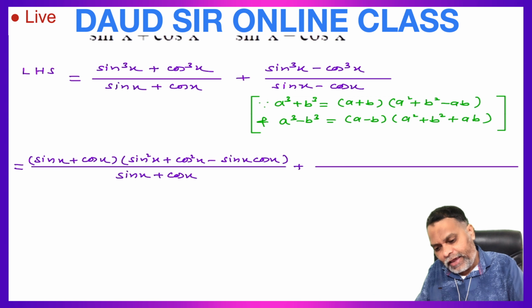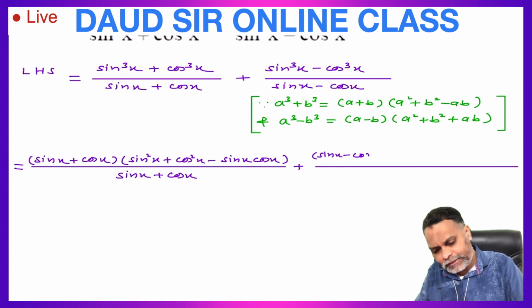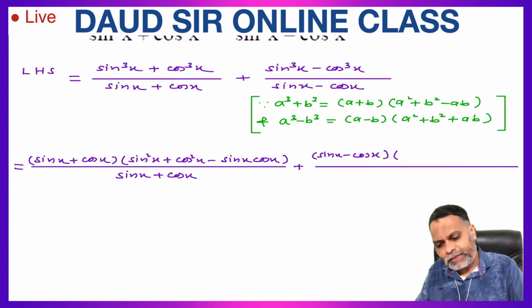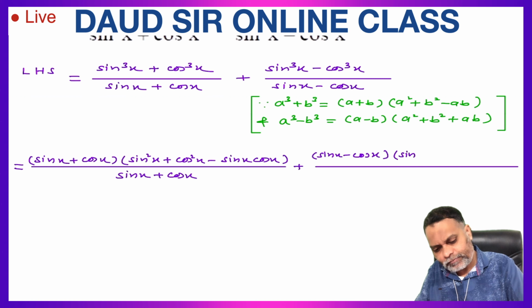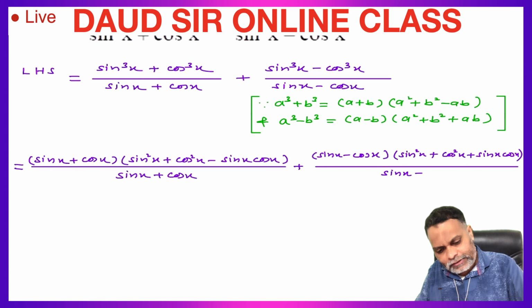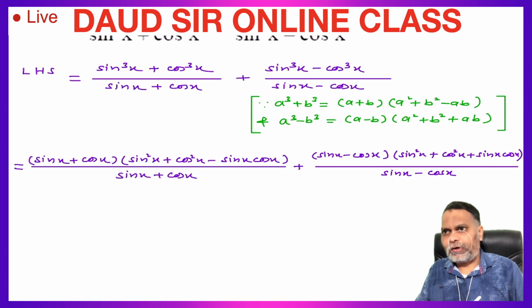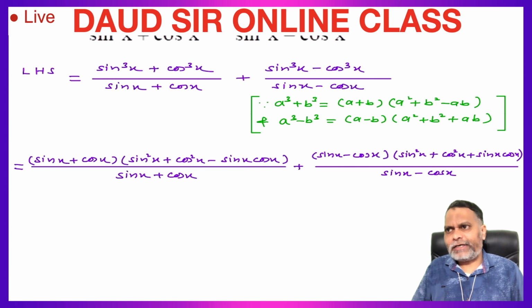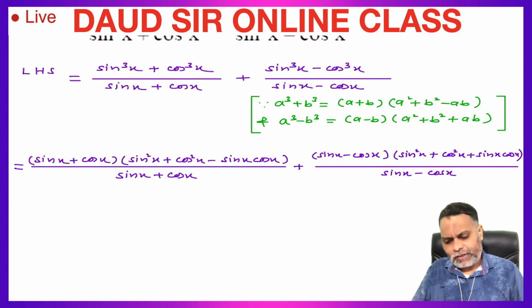So (a minus b), sin x minus cos x, into (a square plus b square plus ab), so sin square x plus cos square x plus sin x into cos x. Denominator as it is, sin x minus cos x. So in both terms we applied the identities of a cube plus b cube and a cube minus b cube.